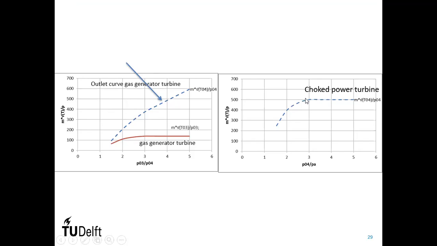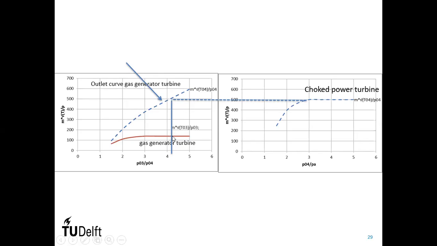And that makes it very interesting that this is the maximum, because you have the choke inlet, this is the maximum reduced mass flow at the inlet of the power turbine and therefore at the outlet of the gas generator turbine. So independent of where you are on the power turbine curve, you always end here with this reduced mass flow at the outlet of the gas generator turbine. And we know this is one-to-one related to the inlet of the gas generator turbine.